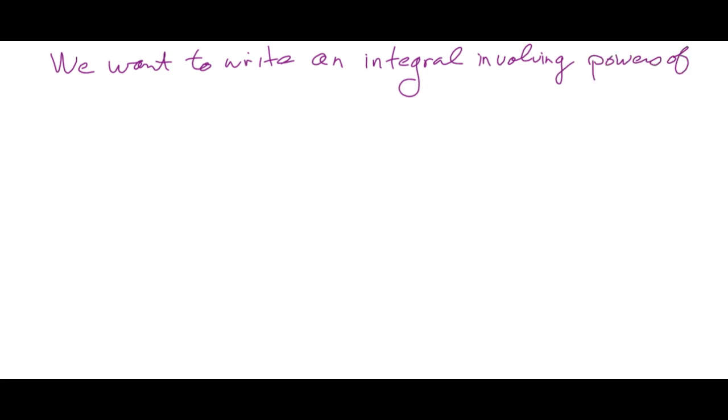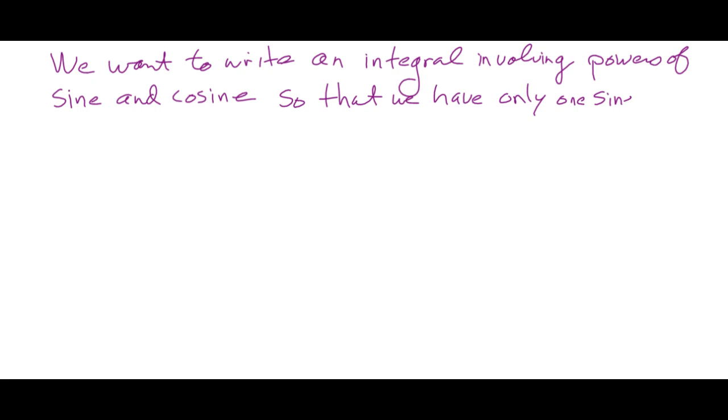So we want to write an integral involving powers of sine and cosine so that we have only one sine or cosine, a single sine or cosine, and the remainder in terms of cosine.